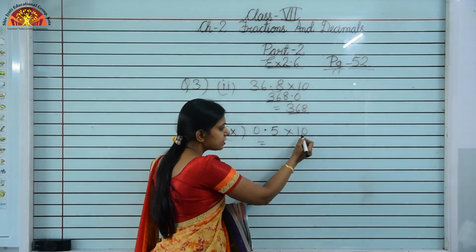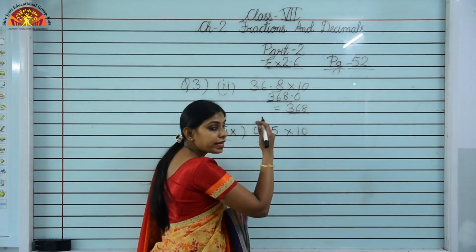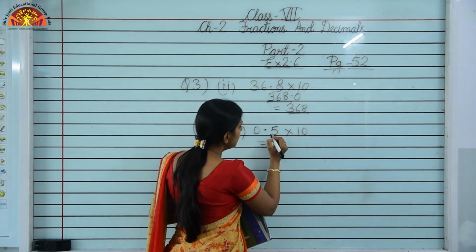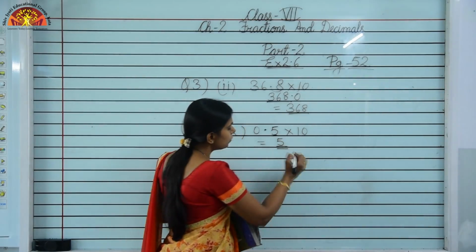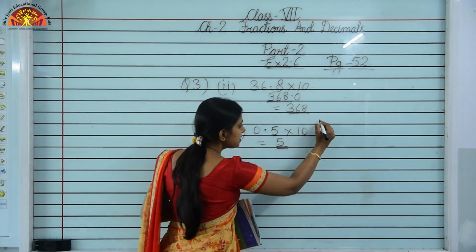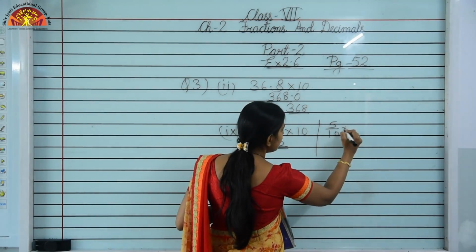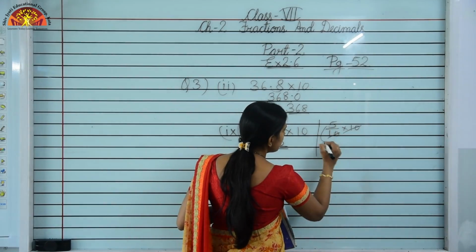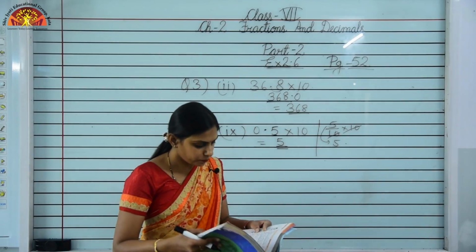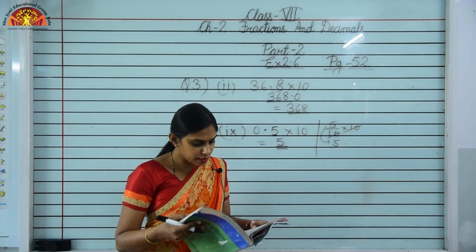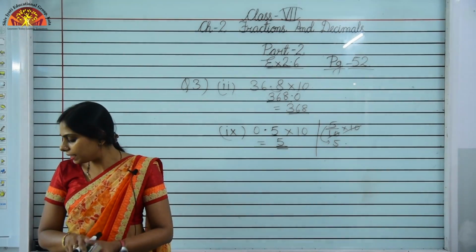Since we are multiplying by 10, the decimal will shift one digit forward. So if we shift it 1 place forward, it will become 5. And anyway, if you solve it, it becomes 5 upon 10 into 10. So your answer comes out to be 5. Okay, so you can solve in any way. Now just see the next part over here. It's the 11th part, that is 0.9 into 100.